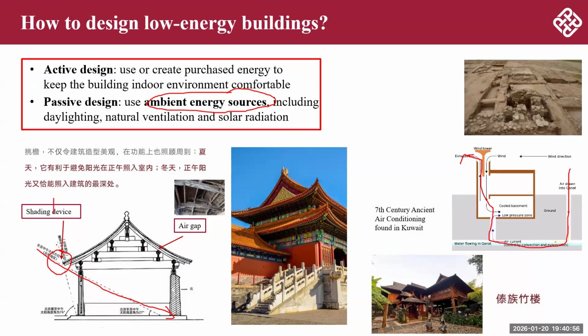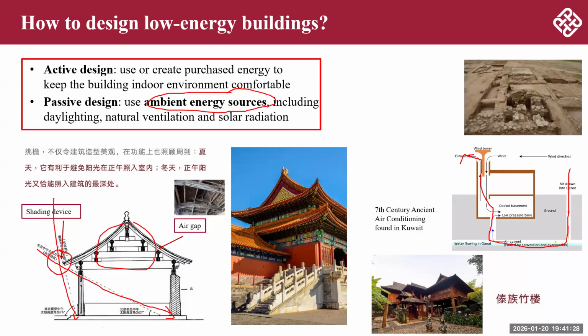But in summer times, there's no direct sunlight entering the buildings. So they make use of the architecture design to make use of the natural resources such as solar energy. And for the roofing system, they have an air gap to prevent conduction heat transfer, the heat loss through the roof.